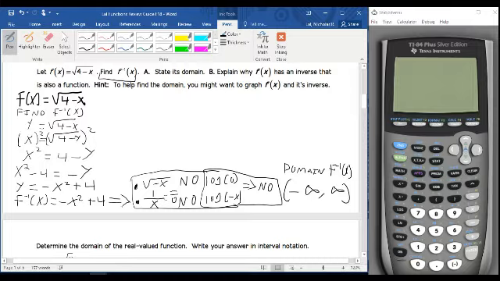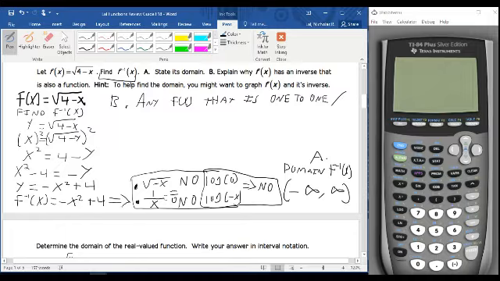Okay. Now that's A. Now for B, we need to explain why f of x has an inverse as a function. So any function that is 1-to-1, we look at your notes on inverse functions. 1-to-1 means each input has one and only one corresponding output.